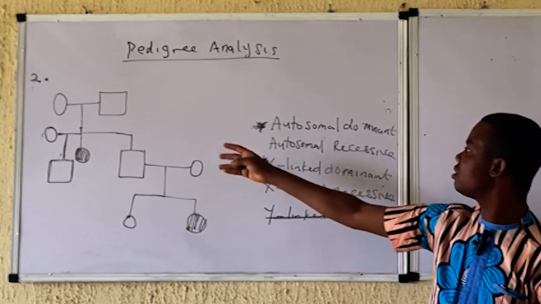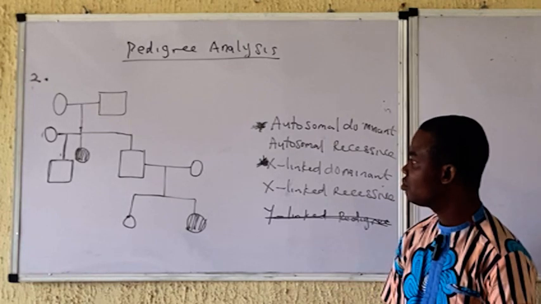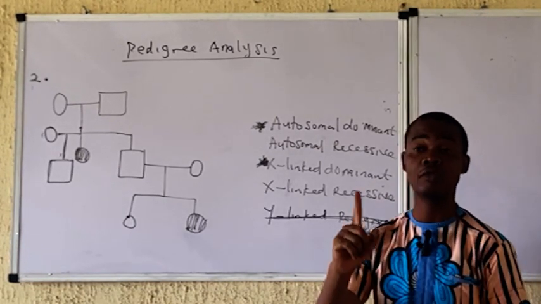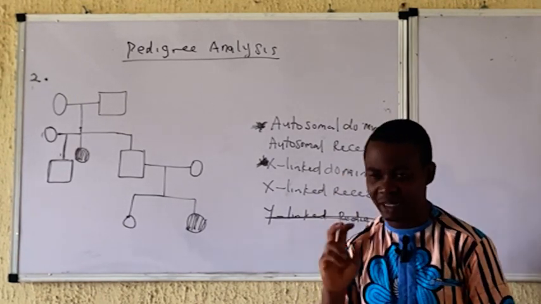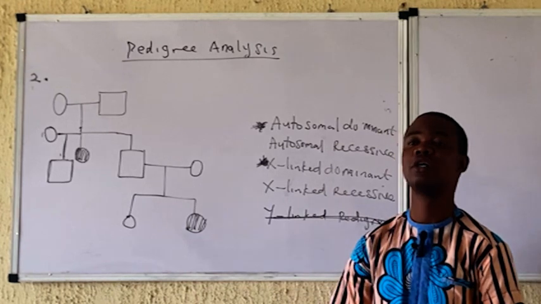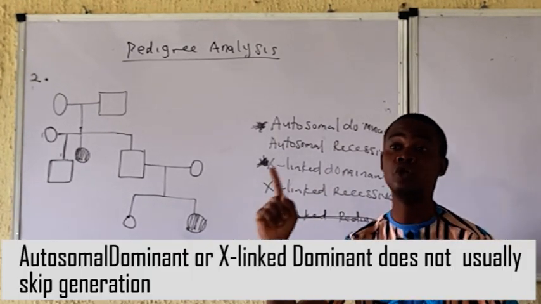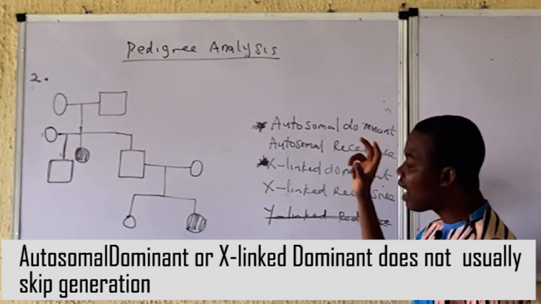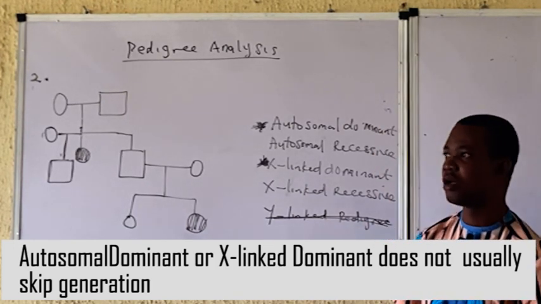Can it be autosomal dominant? Looking at it, it cannot be. Why? Because one of the rules of autosomal dominant is that unaffected parents cannot produce affected children.